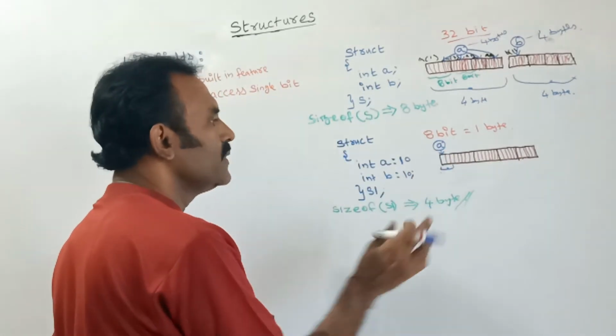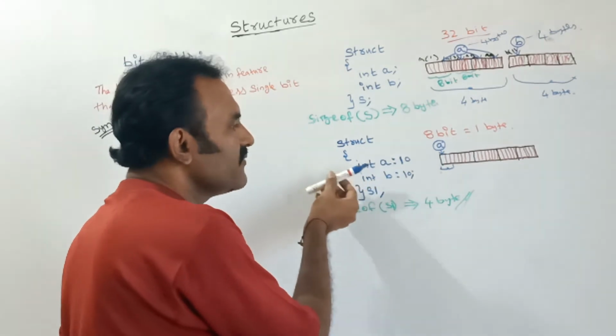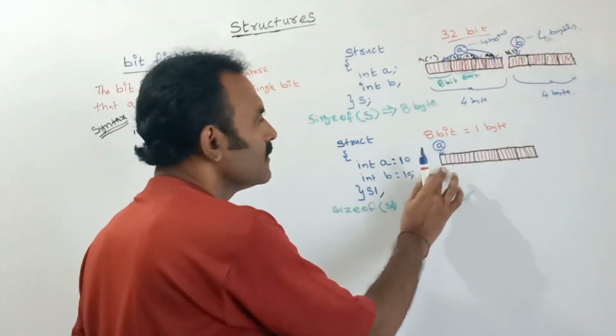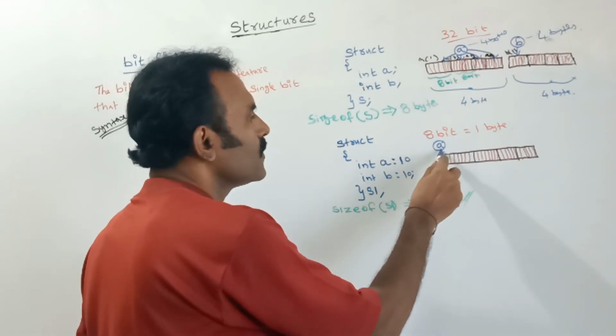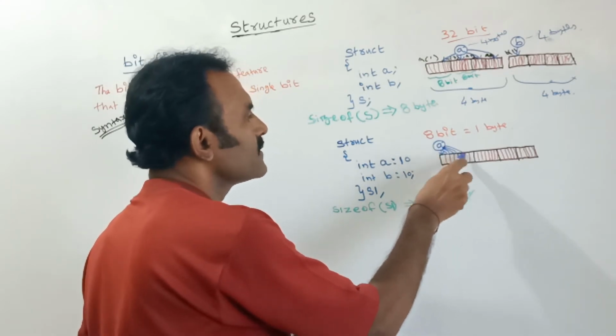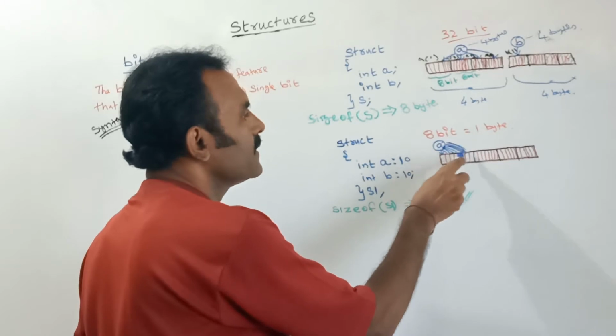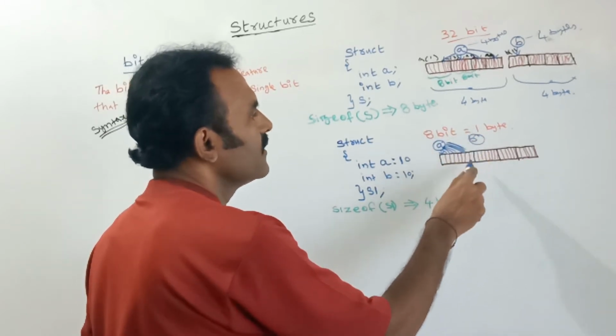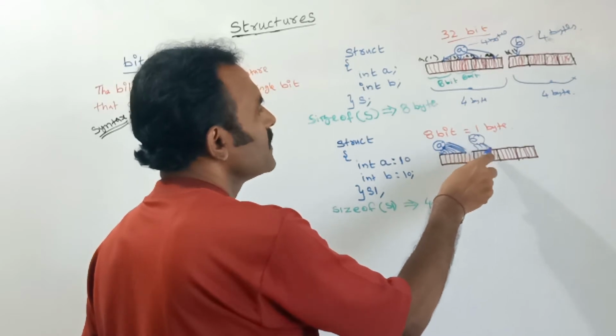In that 32 bits, totally we have used 20 bits only. For A 10 bits, that is 1, 2, 3, 4, 5, 6, 7, 8, 9 and 10 bits were used for A. In the same way for B also it will use 10 bits.